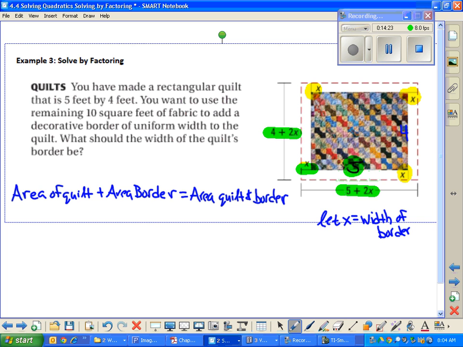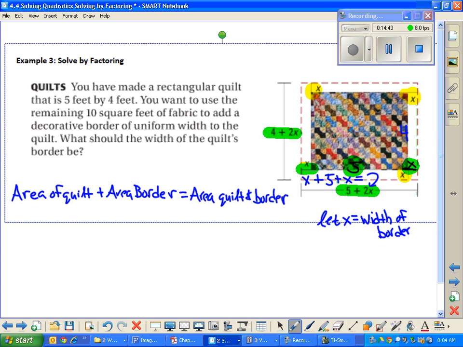And then they'd have to add on that same x right over here, that same border. Well, if we do 5 plus the x over here, plus the x on the other side, you just get 5 plus 2x.